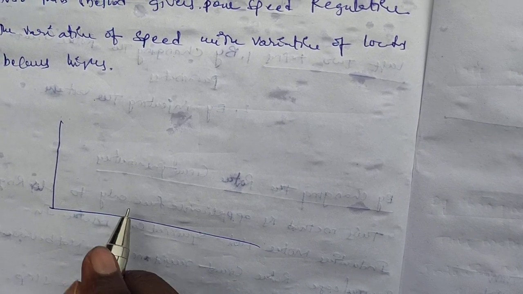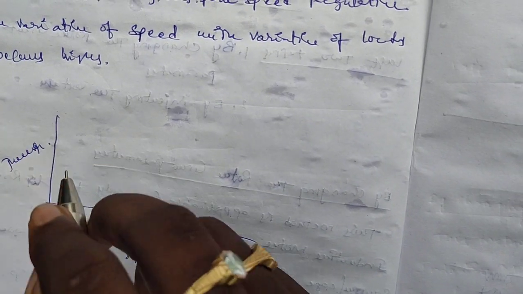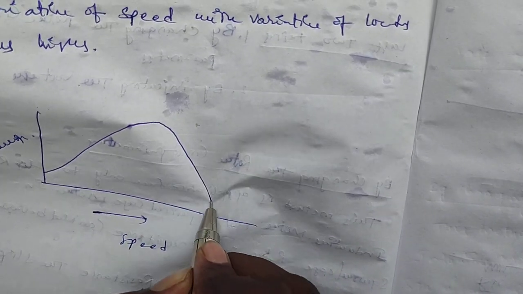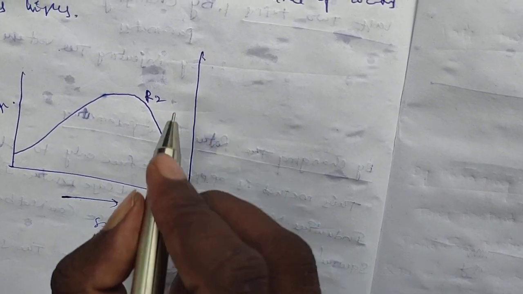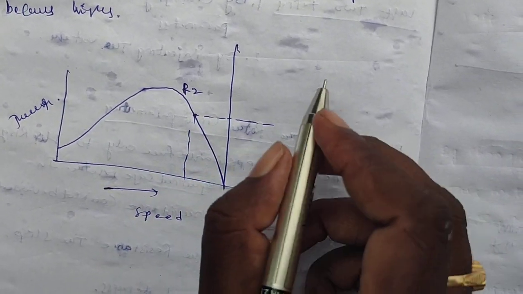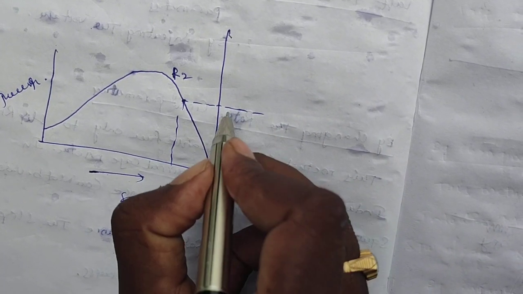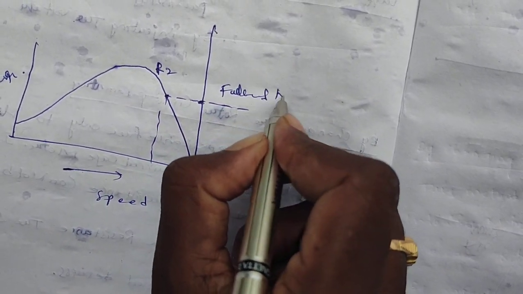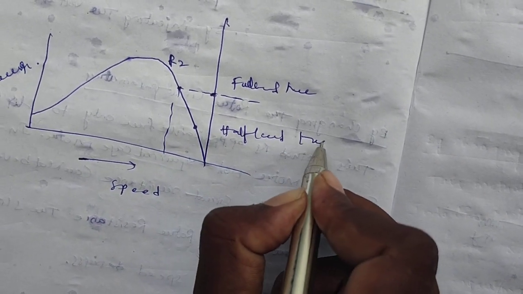So the speed and the torque have to be considered. If we have the resistance R2, this one is the full load torque and this is the half load torque.